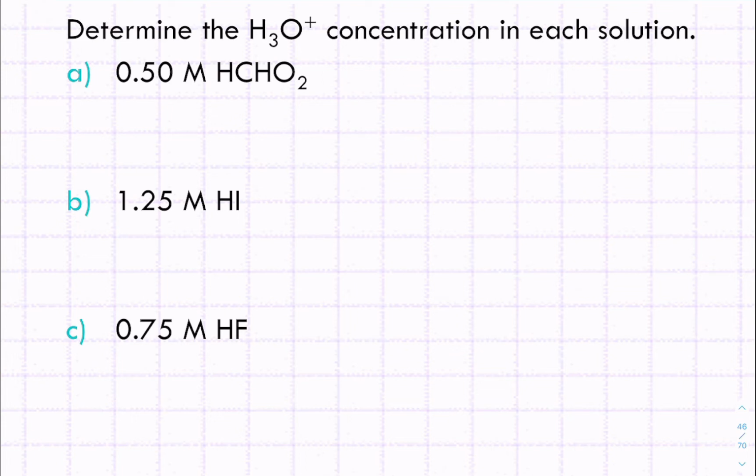If we have a weak acid, we know that those only partially ionize, and since we don't cover the actual math, which I think is the Henderson-Hasselbalch equation, which is a fun name, we don't have the math to calculate exactly what the concentration would be. So we're just going to say that it's less than the concentration of the acid. And I'll give these to you because I don't expect you to memorize it.